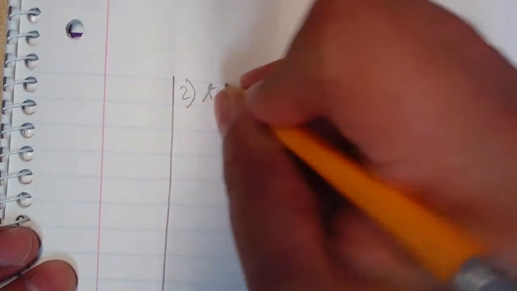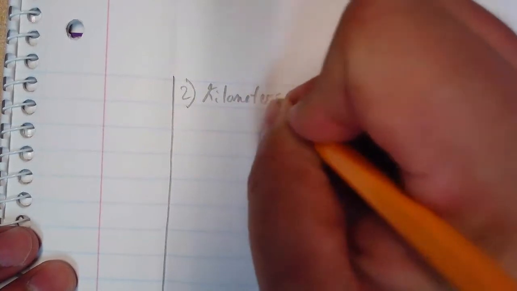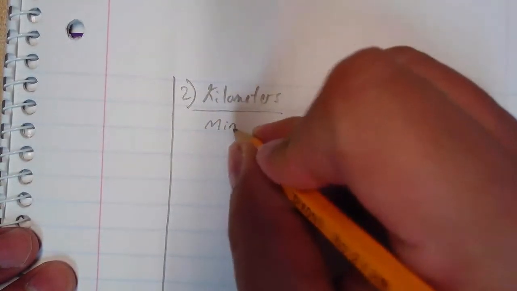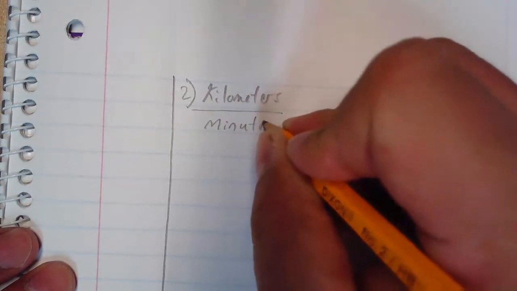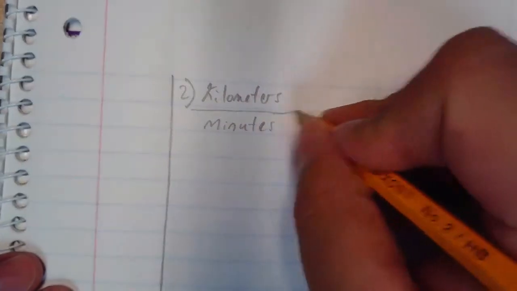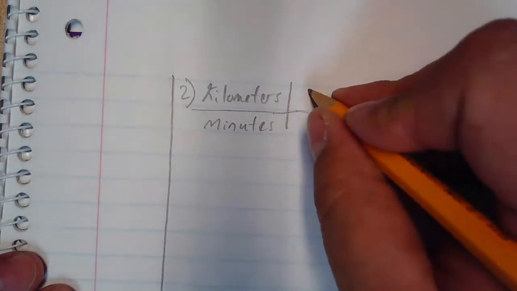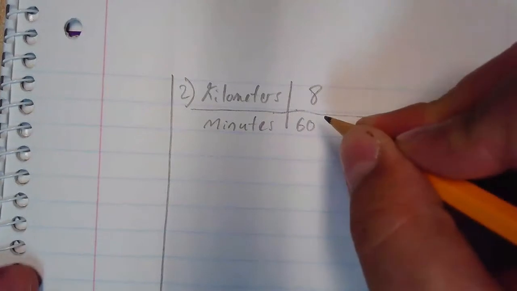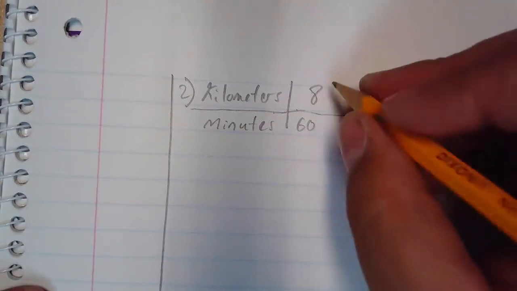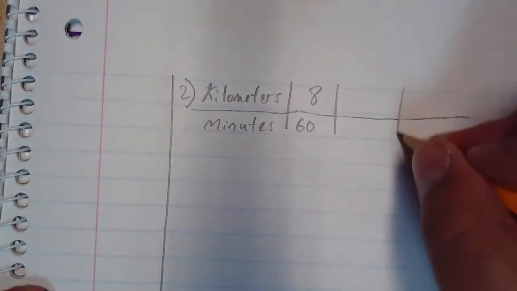Okay? In this case, we're talking about kilometers, which is a distance, to minutes, which is time. All right. And so we know Tanya can do 8 kilometers in 60 minutes. All right. And then we have this chart.